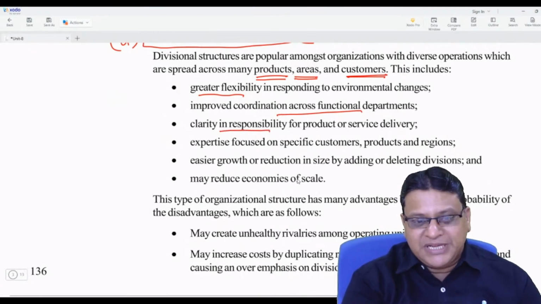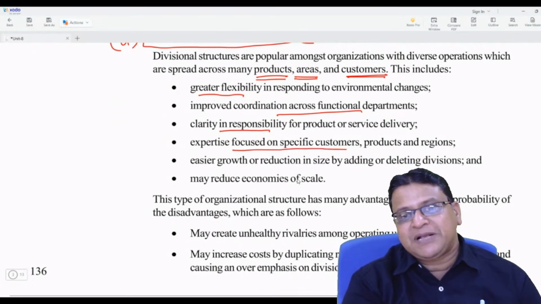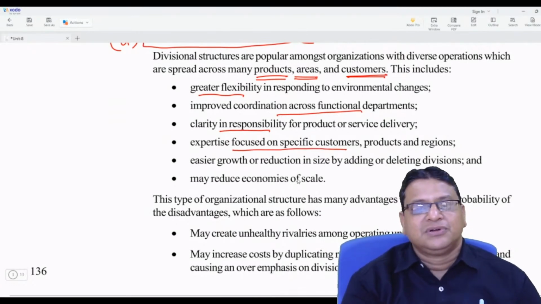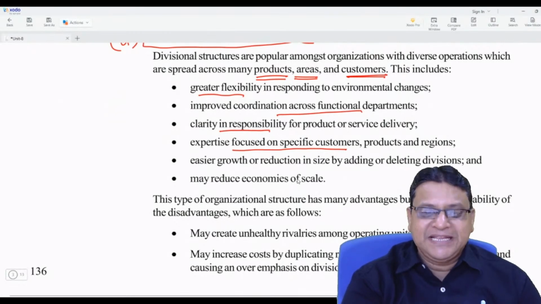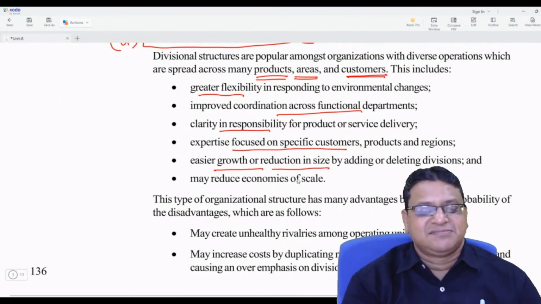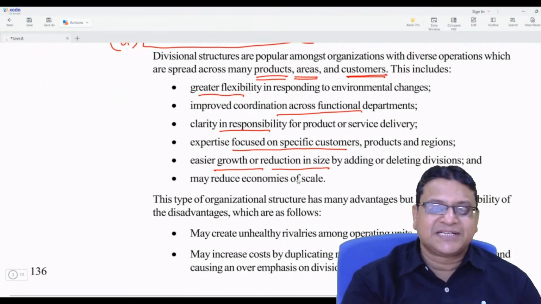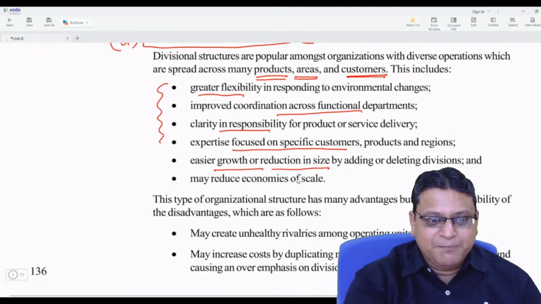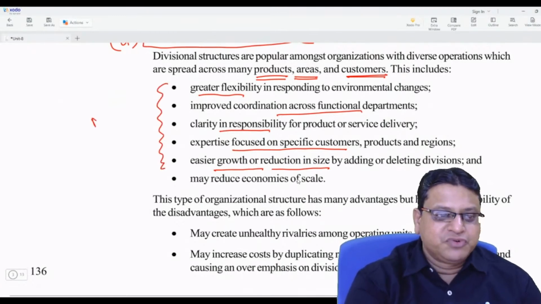There will be expertise for specific customers and products, and it will help easier growth or reduction in size. So these are the five important merits of the divisional structure.